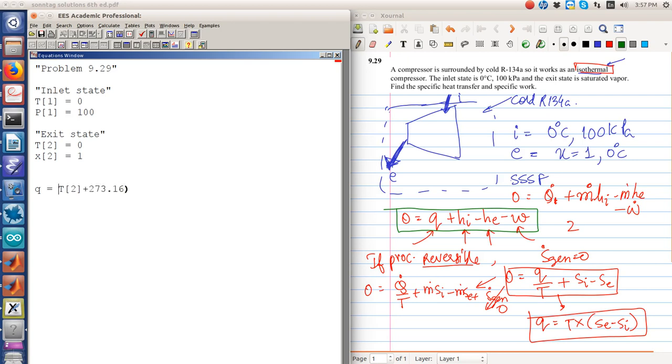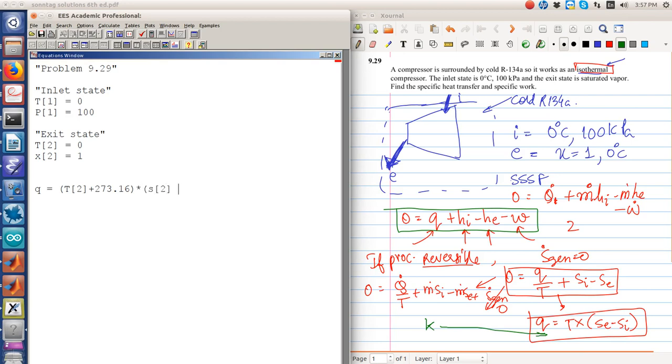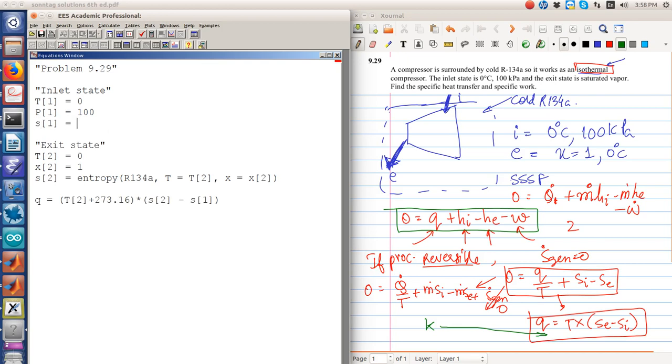Remember, we have to use Kelvin whenever we are using T dS relationships. So the T dS relationships have to be in Kelvin. So T times s2 minus s1, where s2 is equal to the entropy of R134A at T equal to T2, x equal to x2. Similarly, s1 is equal to the entropy of R134A at T equal to T1 and P equal to P1.